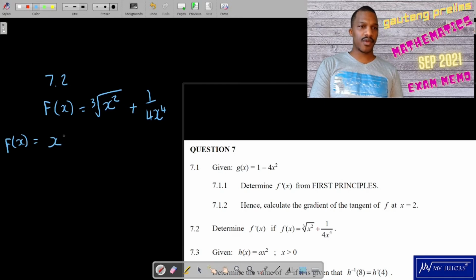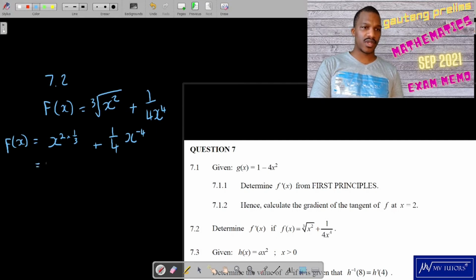Okay, so here we have x squared, but because it's a cube root, so it's times a third. Okay, and then here we'll have plus. Let's bring this 1 over 4. That's the number, but let's bring the x to the power 4 to the top, so it becomes minus 4.